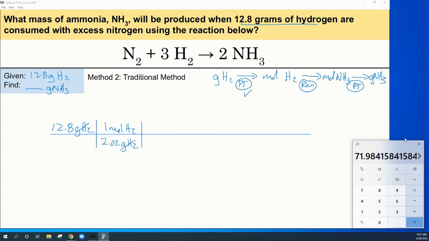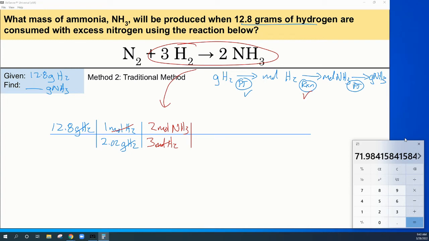The second step is going to change moles of hydrogen into moles of ammonia. So I'm going to go up here, and I'm going to take 3 moles of hydrogen, which will turn into 2 moles of ammonia. Again, my units cancel. Now I have moles of ammonia, and that's how I change moles of hydrogen into moles of ammonia.